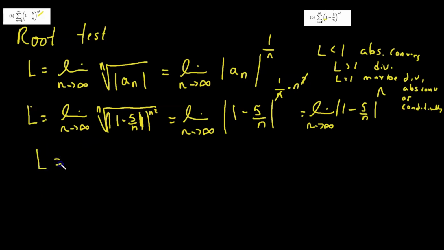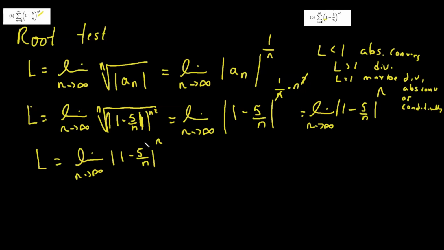So what we're working with here is L is equal to the limit as n approaches infinity of the absolute value of (1 minus 5 over n) to the n. Okay, so to solve these kinds of problems, we did one in Calculus 1.